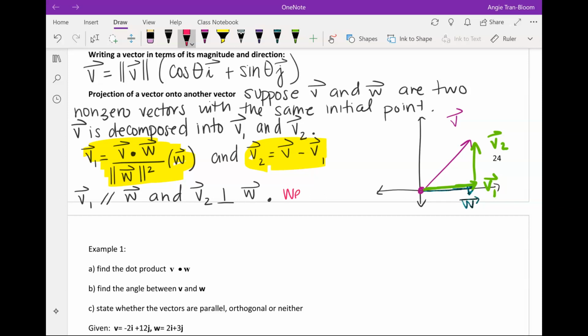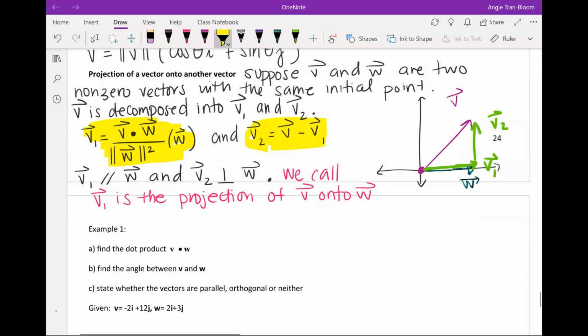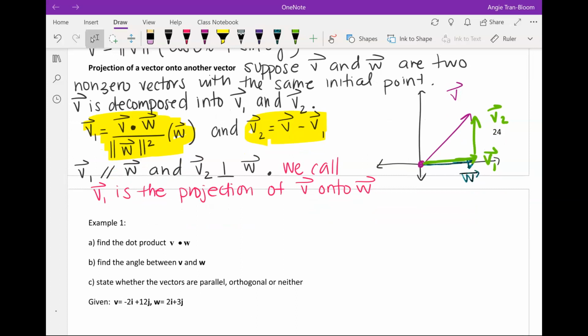We call v subscript 1 the projection of v onto w. So on the homework or on the test, if it says find the projection vector of v onto w, that's really asking you to find what vector? v1. Right, write that down.